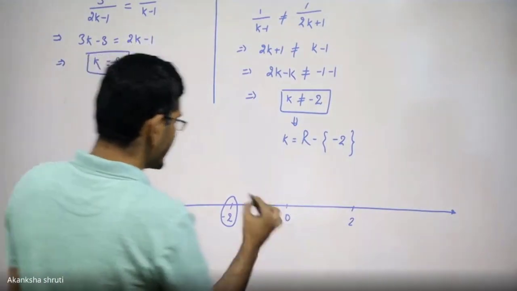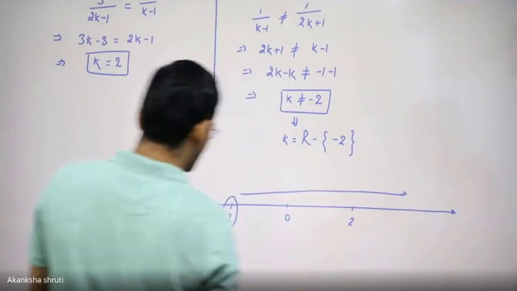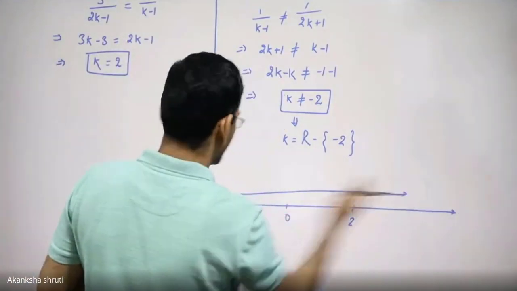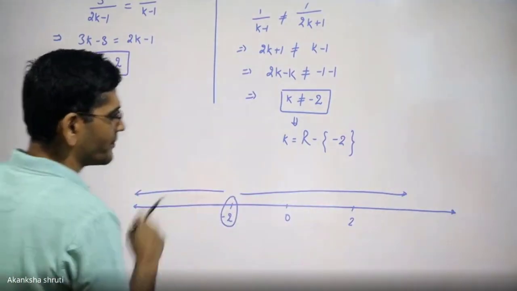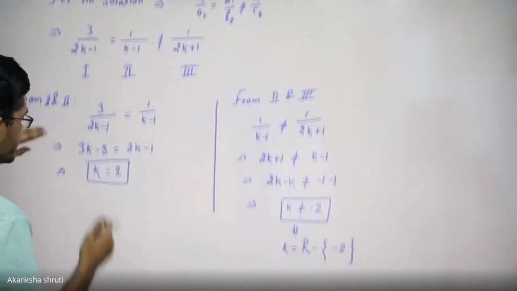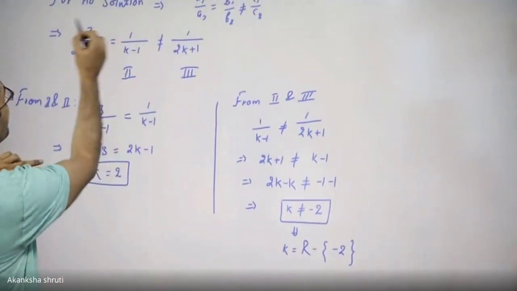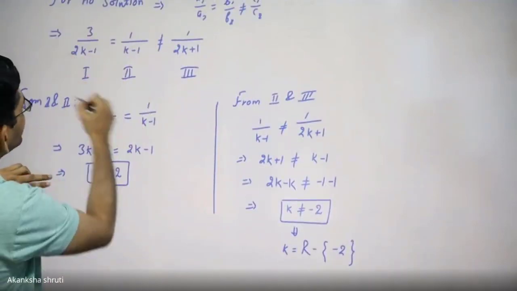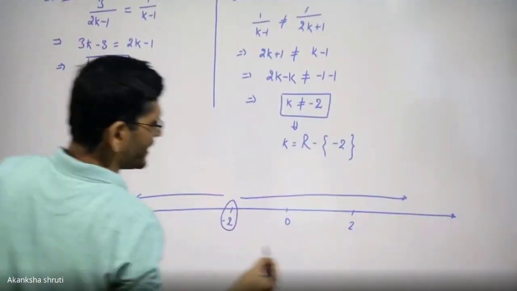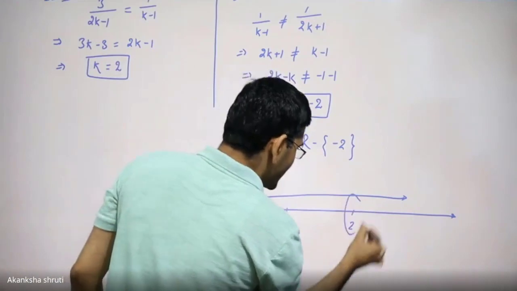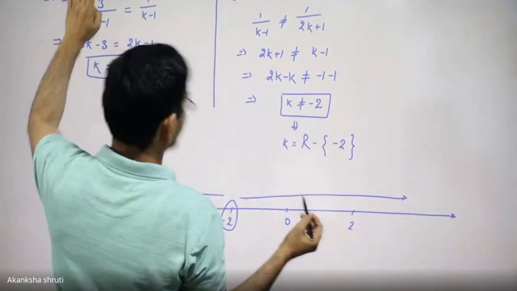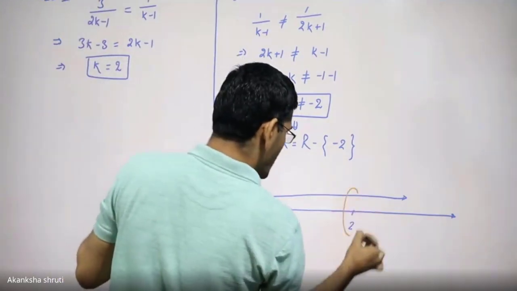It means k can be any value from here to here, either this real number or this real number, but not minus 2. But the first condition tells that for satisfying the first two ratios, k should be this one only, this point.